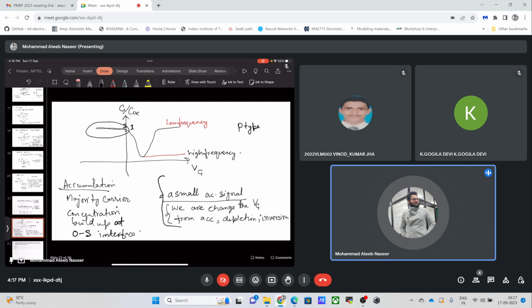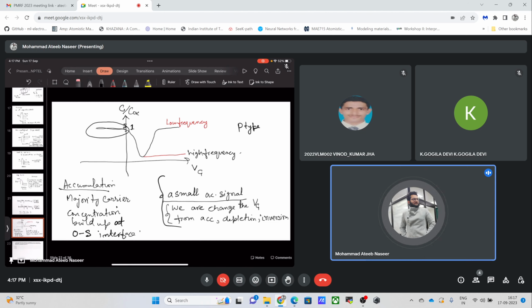Now when we apply a positive bias in case of a p-type substrate, we will get the depletion that we have seen previously. Whenever we try to deplete the carriers, it changes the depletion width or depletion layer region, which is related to this majority carrier withdrawal.